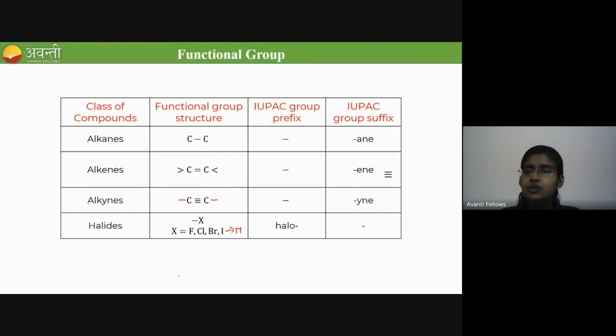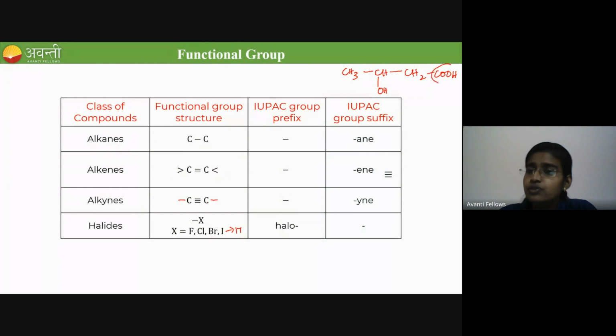So where do we use prefix and where do we use suffix? If a compound contains only one functional group, then you have to use only the suffix. If the compound contains two functional groups, then the one which comes in the first priority... For example, I'll take a compound like this, CH3, CH, OH, CH2, CO. This is a compound, and in this compound, we have two functional groups.